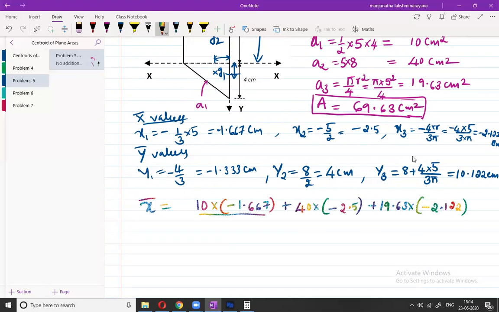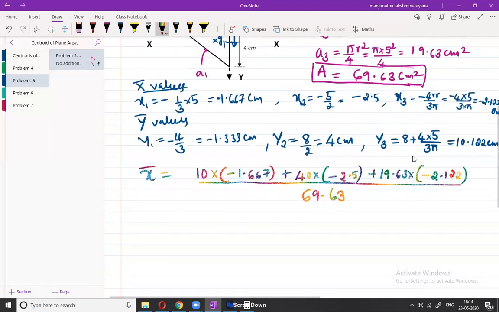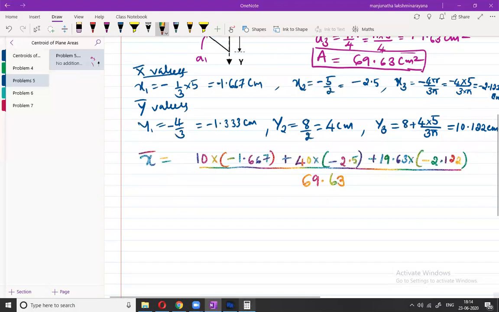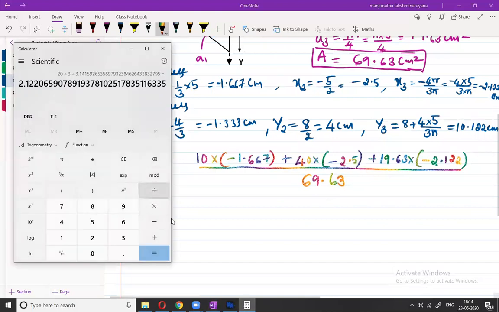So that whole divided by total area A, which is equal to 69.63 centimeter square.